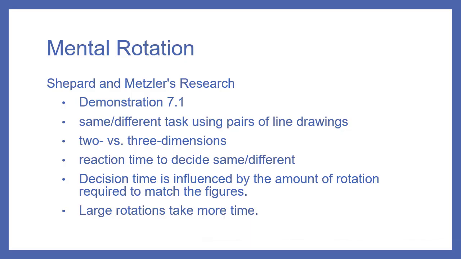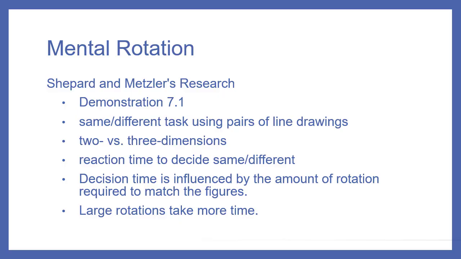A classic example of mental rotation is the demonstration from 7.1. This is a very three-dimensional mental rotation task, and this has been used for lots of different things, including intelligence tests, to determine what kind of spatial skills somebody might have. You could try that, and determine if there is a difference in the shapes in demonstration 7.1.